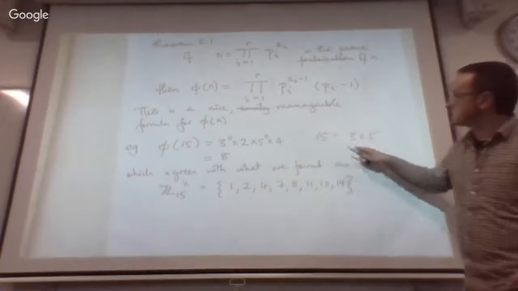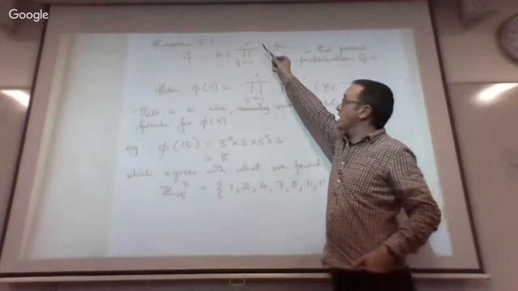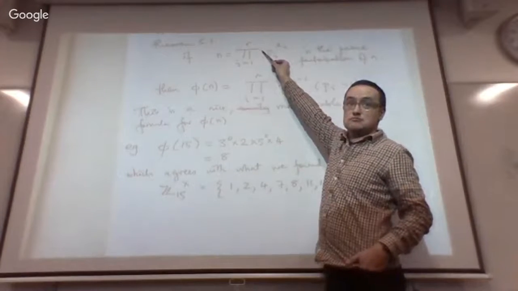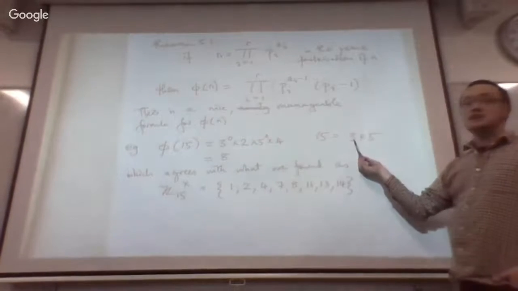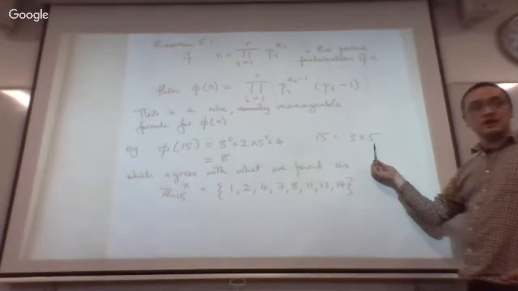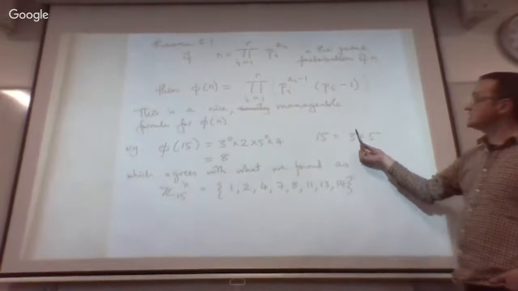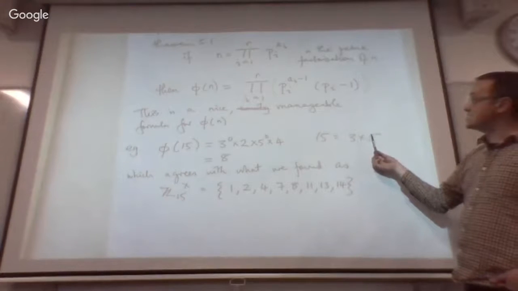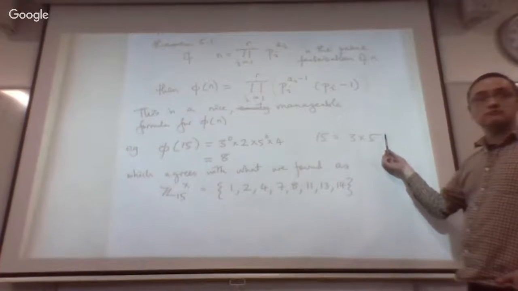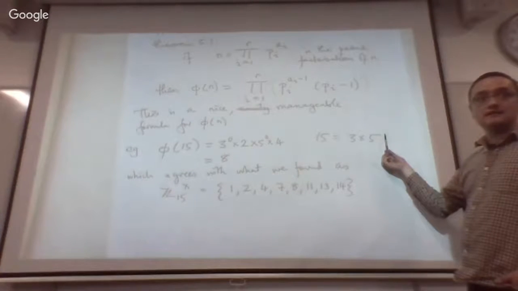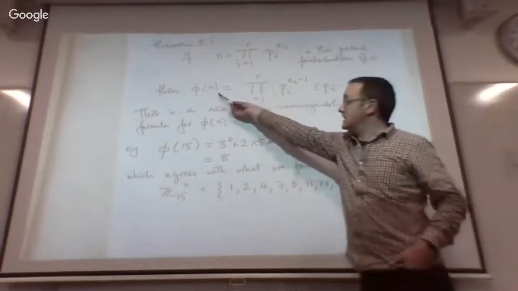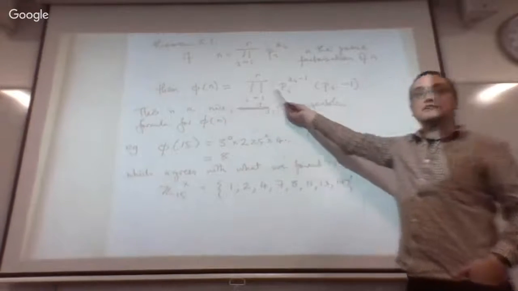So if you want to match this expression to this one up here, you've got r equals 2, and p1 is 3, and p2 is 5. a1 is 1, and a2, the power of 5, is also 1. Okay? And then I'm feeding all of that into this formula here for phi of n.